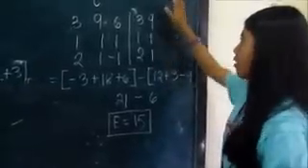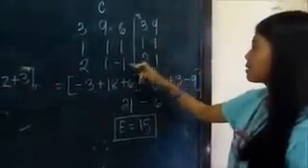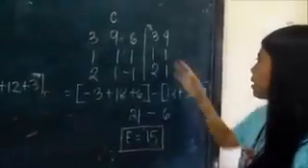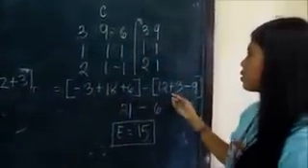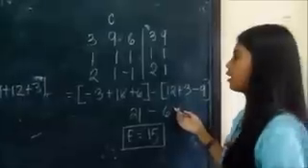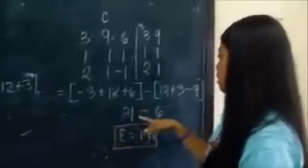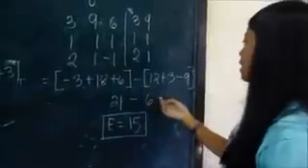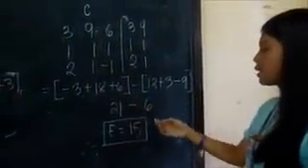Let's subtract the right diagonal. 9 times 1 times negative 1 is equal to negative 9. 3 times 1 times 3 is equal to 3. Then 6 times 1 times 2 is equal to 12. Then let's subtract it. 21 minus 6 is equal to 15. And this is the error.